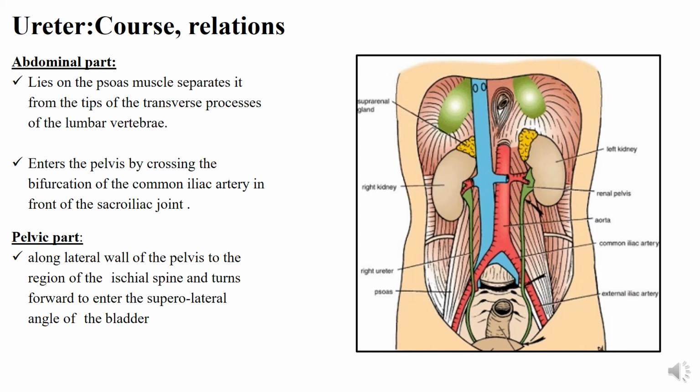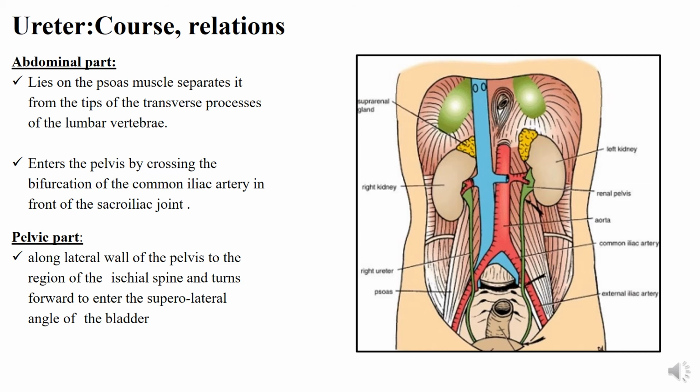And this valve is mainly occurring because the ureter is traveling a distance while it's going from the outer surface of the bladder to the inside. So it travels through the wall of the bladder. It doesn't enter immediately.